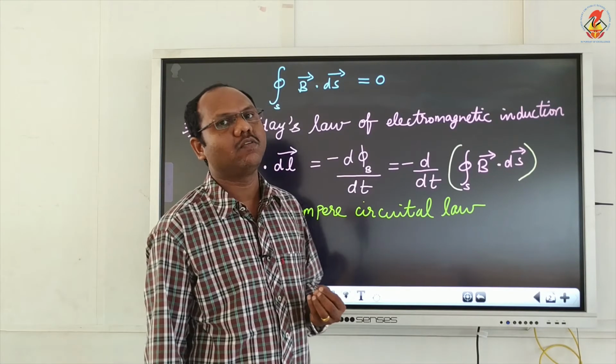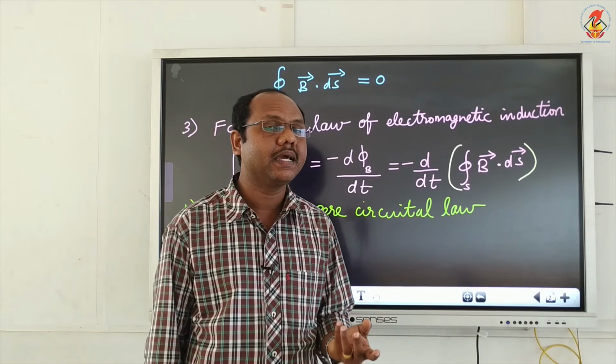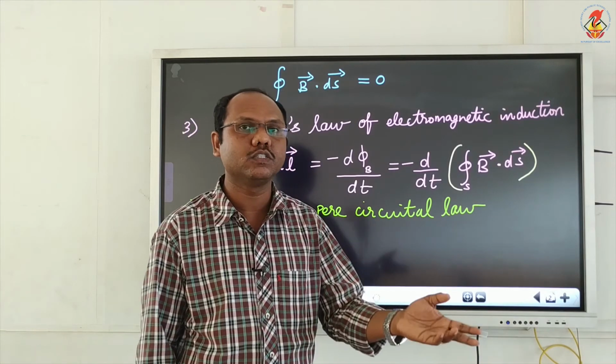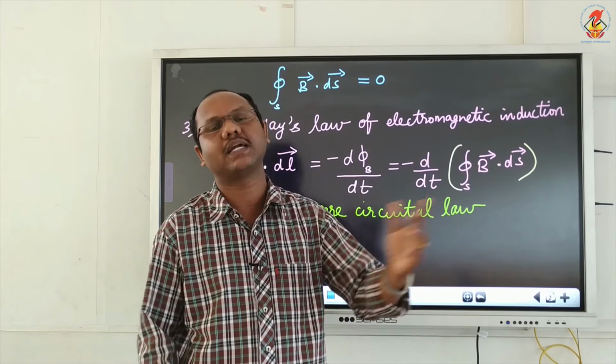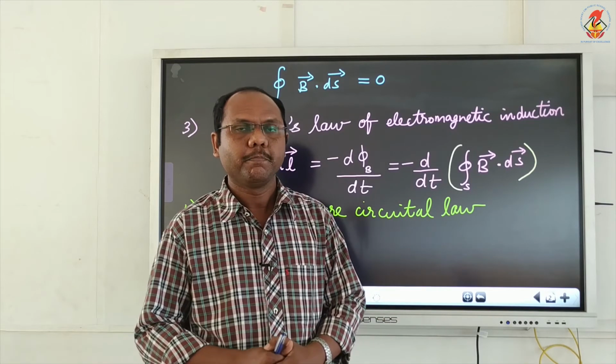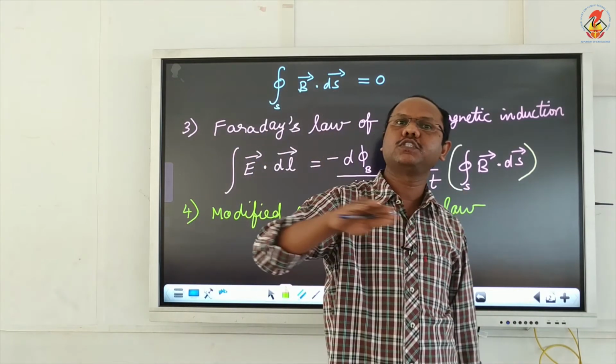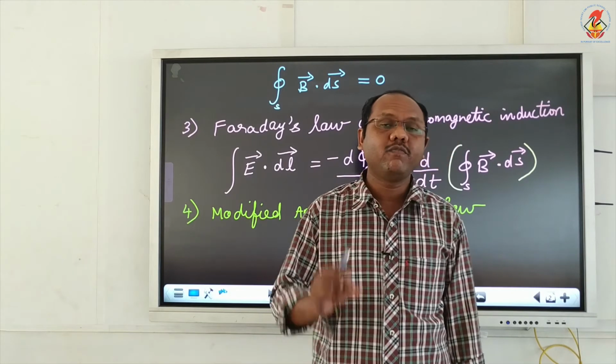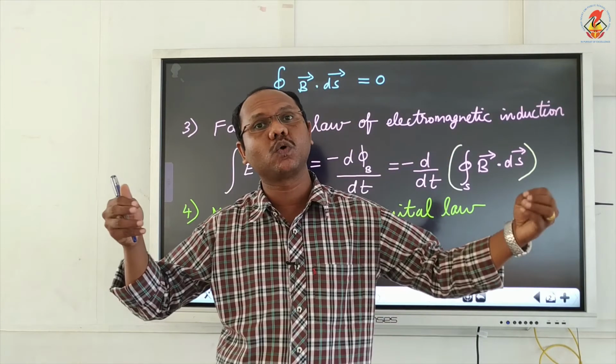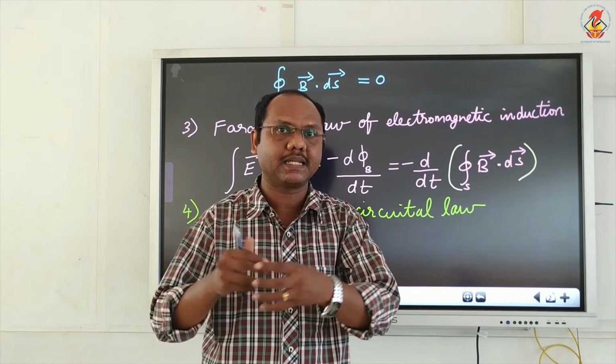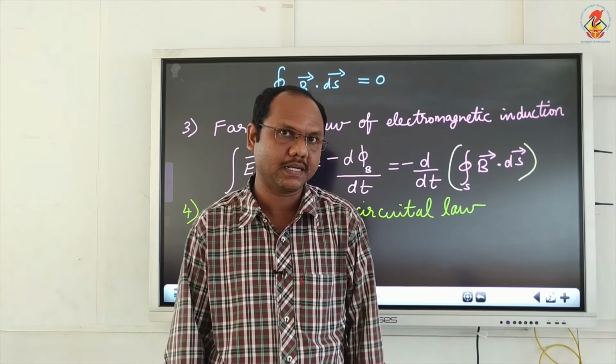You already studied what is Ampere circuital law. The line integral of magnetic field around any closed loop is mu 0 times the total current. That is when current flows through a conductor. But what happens when current flows through a charging capacitor, between the plates of the capacitor?